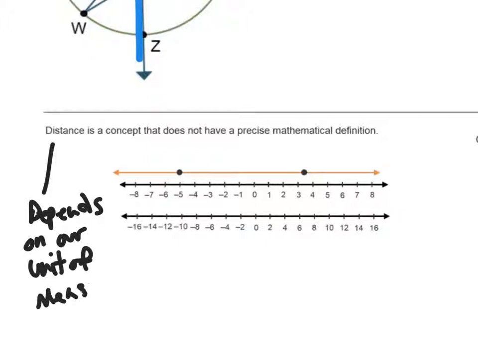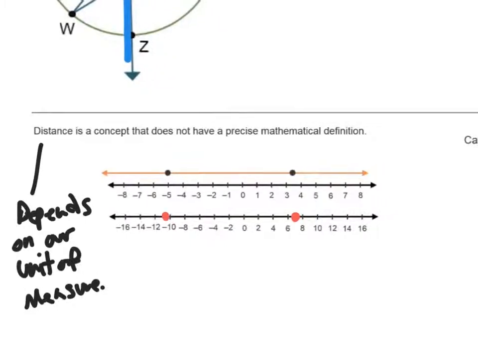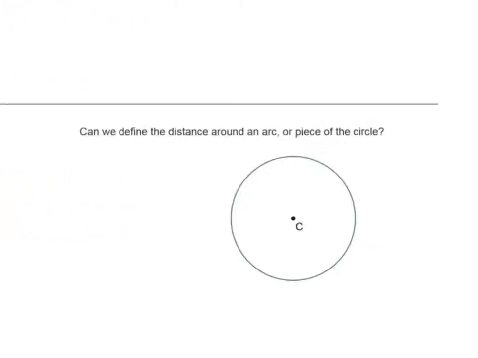So let's say you have some distance here between -5 and 3.5. That same distance would be different on this number line here. So it depends on our unit of measure. And we'll talk more about distance on a later date.